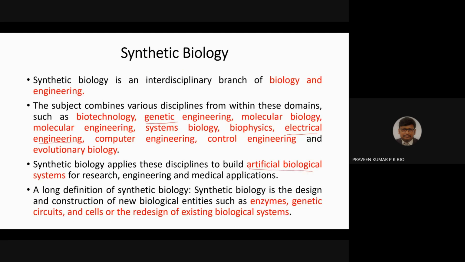Have you heard about artificial chromosomes? We call them BACs, bacterial artificial chromosomes. Whatever chromosomes we see from bacteria, now we have artificial chromosomes for bacteria, yeast, etc. For many species we have artificial ones.